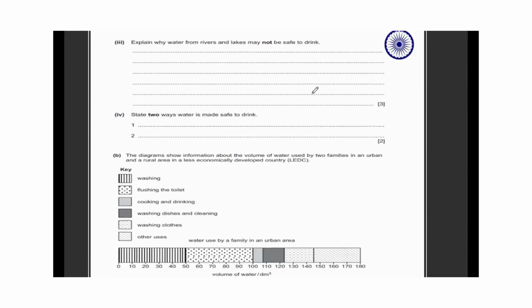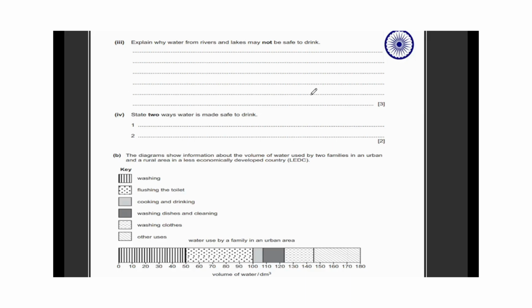Next one, explain why water from rivers and lakes may not be safe to drink. Now river sometimes act as a source of fresh water, but why they are not safe to drink? Now, there are many reasons. One is they may be contaminated by agriculture, means overuse of the fertilizers, pesticides, dumping of garbage, domestic waste, okay, even urination.